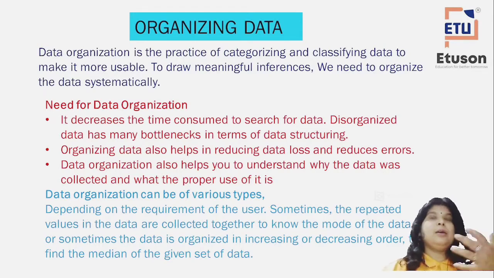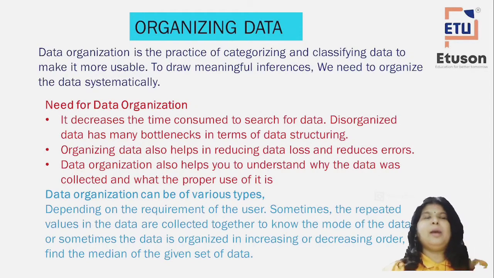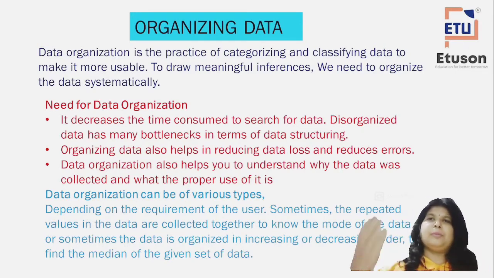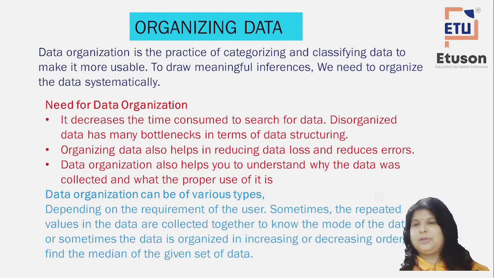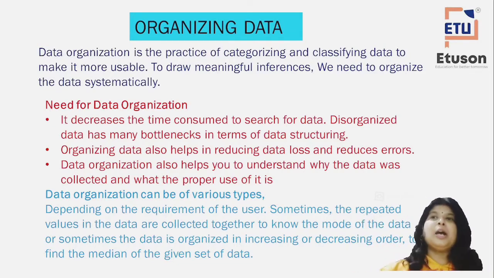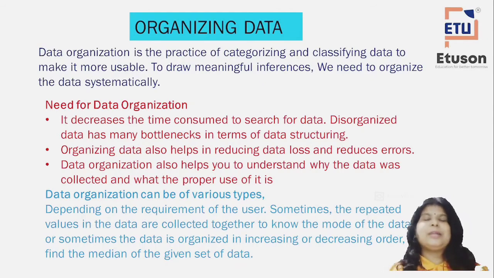Correct? Like suppose marks are written somewhere for your entire class and it is in a scattered manner. If you arrange it sequentially in an increasing or decreasing order, it will be easier to find out who has scored the maximum mark, who has scored the minimum mark, and in between the ranges how many have scored, right? So that will be easier.